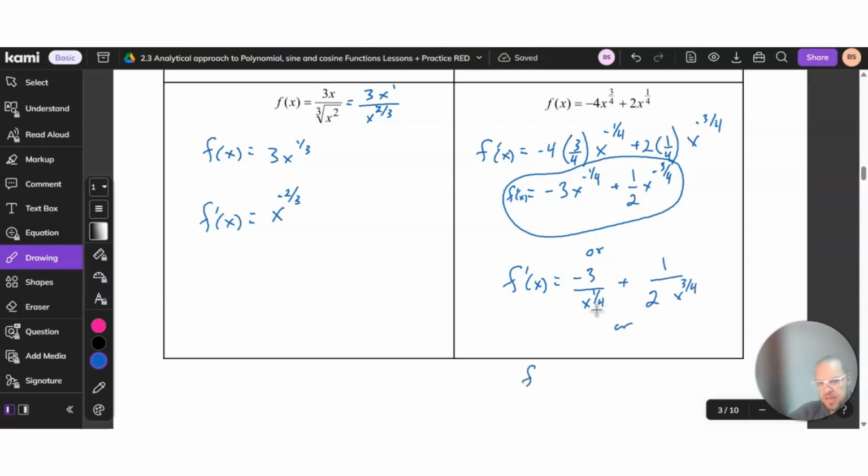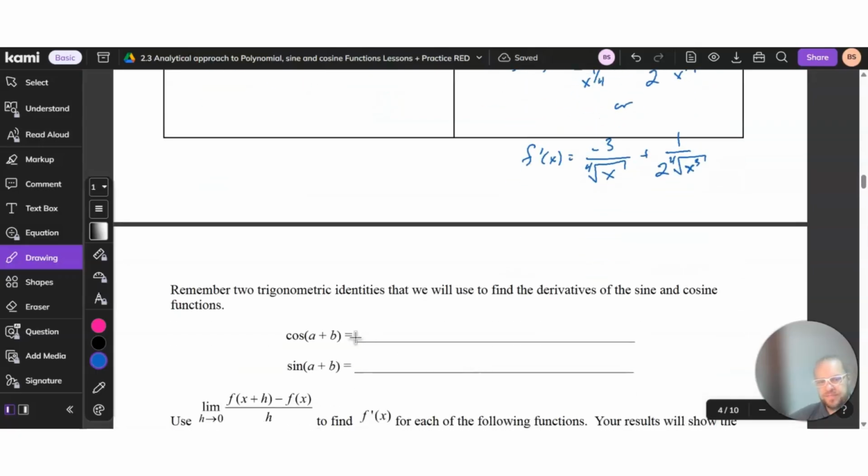Or we can even go another step further and write them with those roots. So it's going to be negative 3 and the 4th root of x plus 1 over 2, and again the 4th root of x, but it's of x cubed this time. So any of these are all correct.